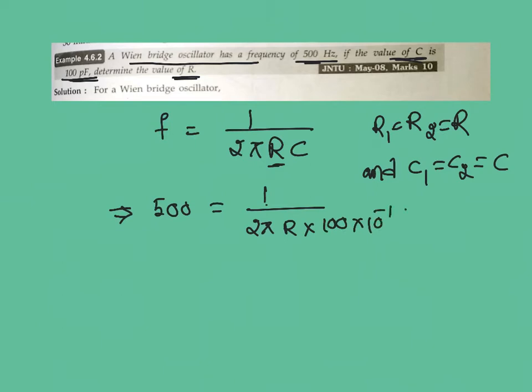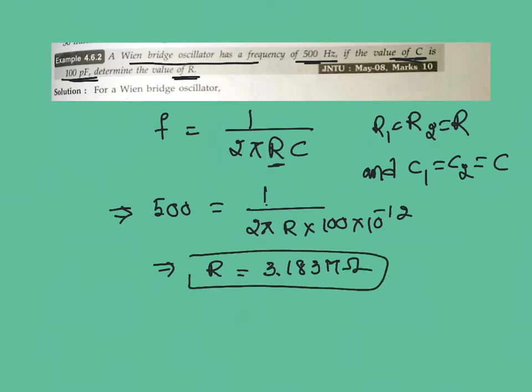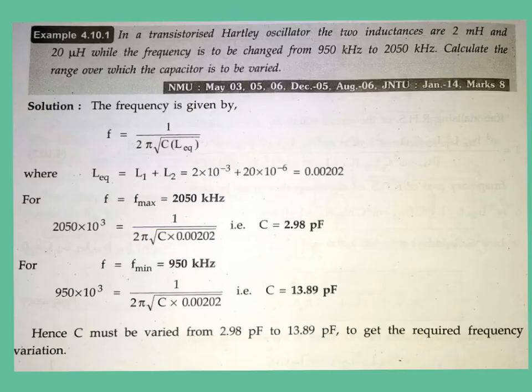Pico is nothing but 10 power minus 12. If you calculate the value of R, the resistance value will be 3.183 mega ohm. So this is the value of the required resistance.